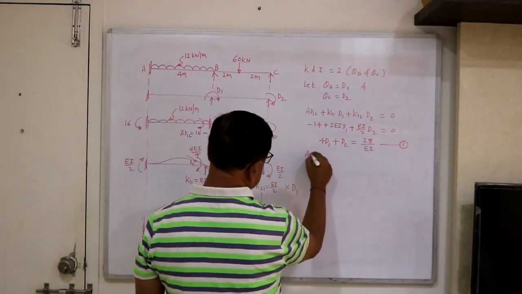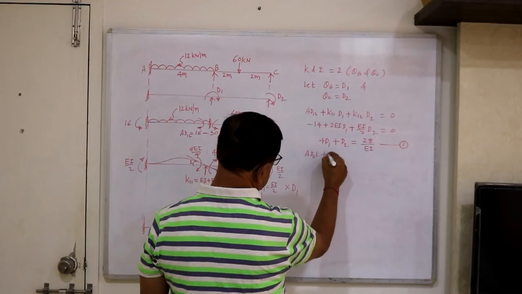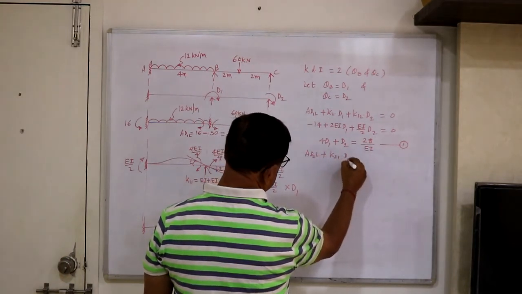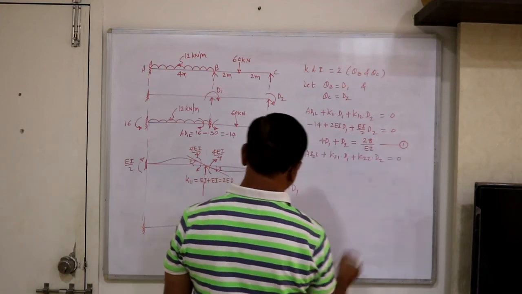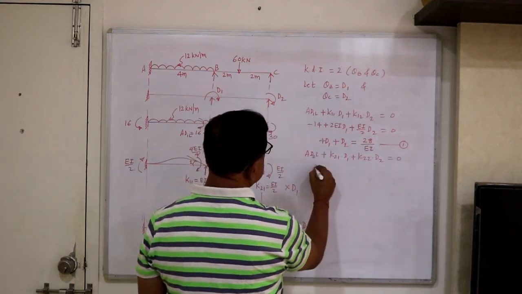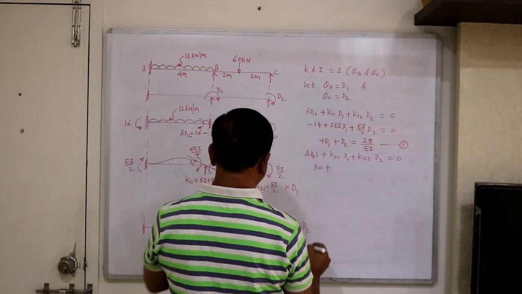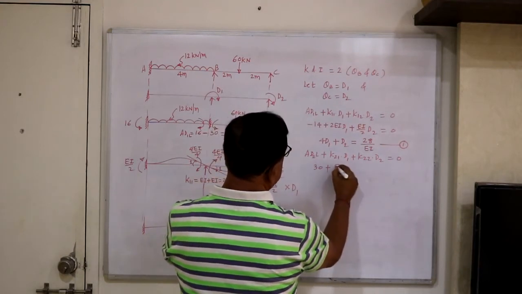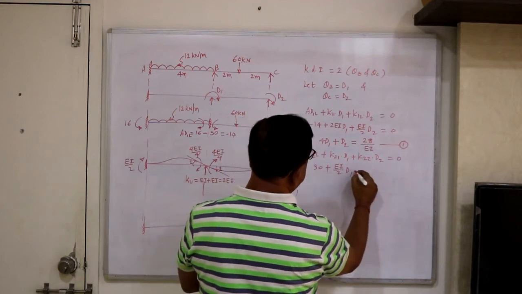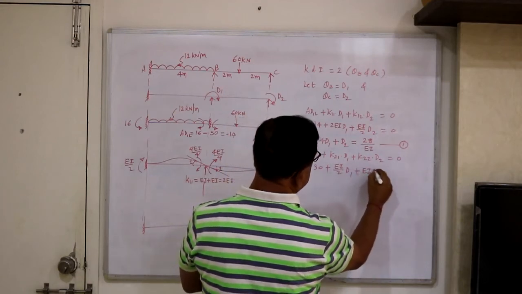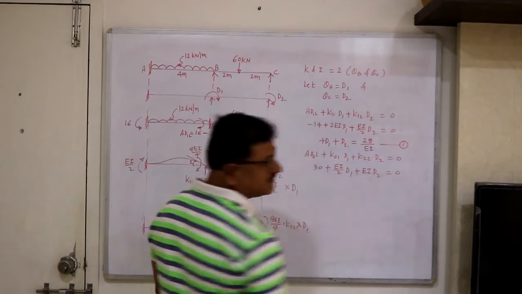Now second equilibrium condition, AD2L plus K21 D1 plus K22 D2 equal to 0. This is 30 plus, this is EI upon 2 D1 plus EI D2 equal to 0.